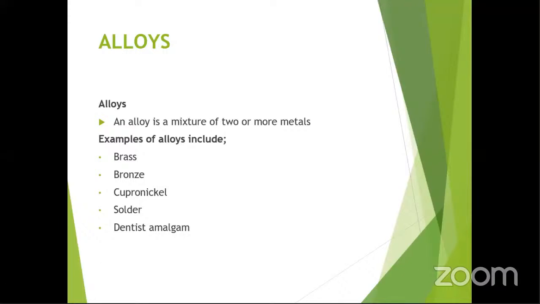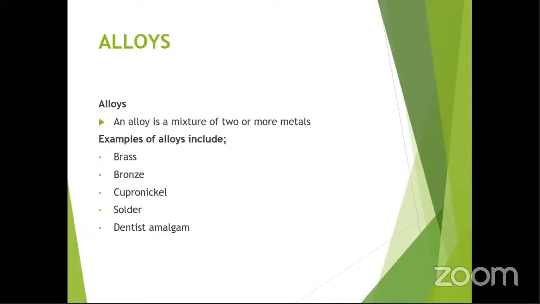Because for the case of steel, all metals that are made up of steel help to prevent rusting. And when you look at alloys, you realize that alloying metals, mixing two or more metals, also helps to prevent rusting.